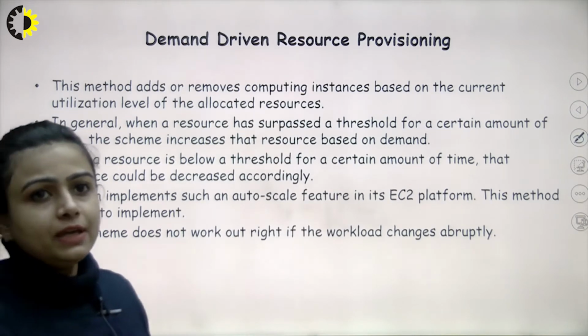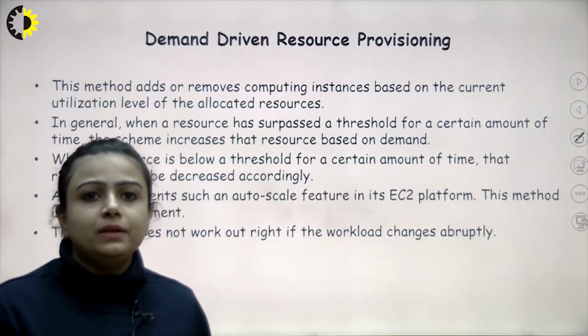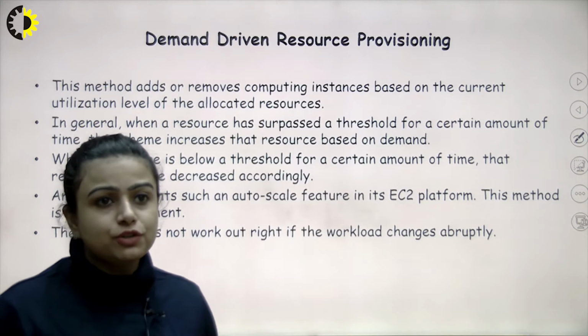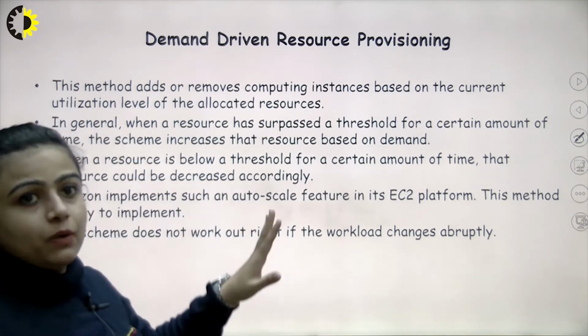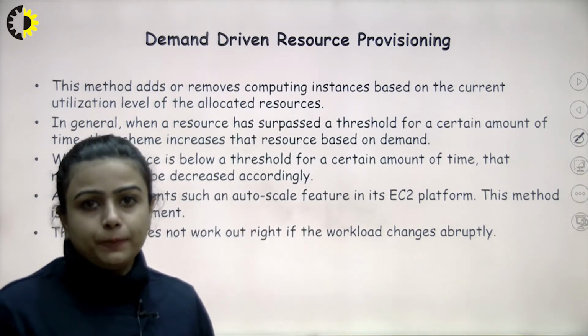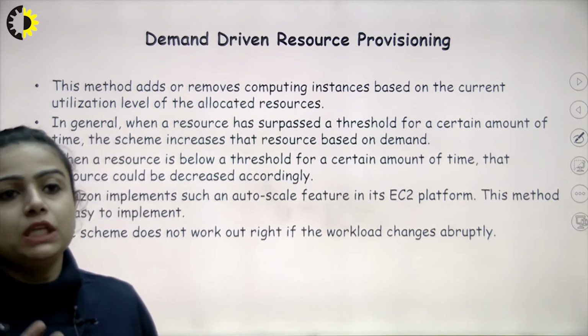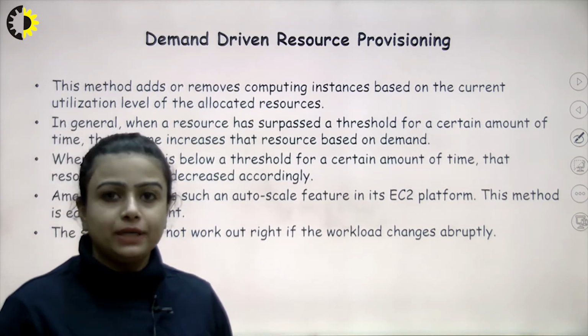Next, if we study the demand driven resource provisioning method in detail, the first point is that this method will always add or remove computing instances based on the current utilization level of the allocated resources.